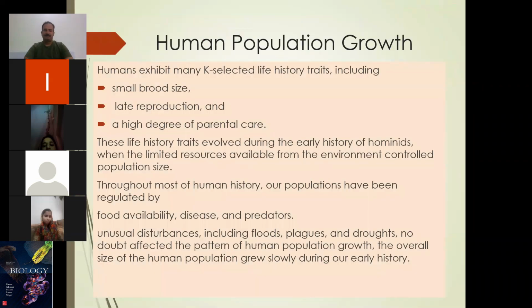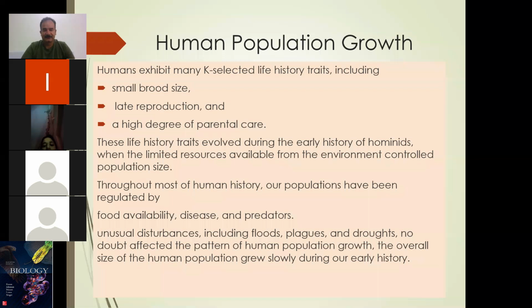Human population growth, in connection to the previous lecture: there are two types of animals, R-selected animals and K-selected animals. Man is included among K-selected animals because we have smaller brood size, one or two young ones per litter.